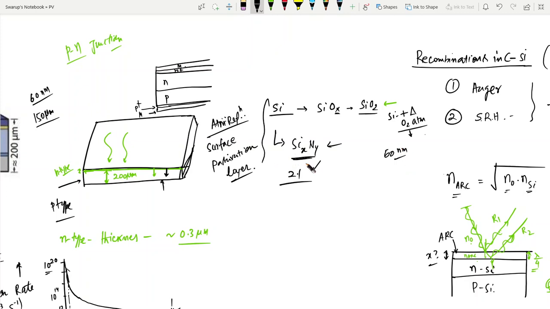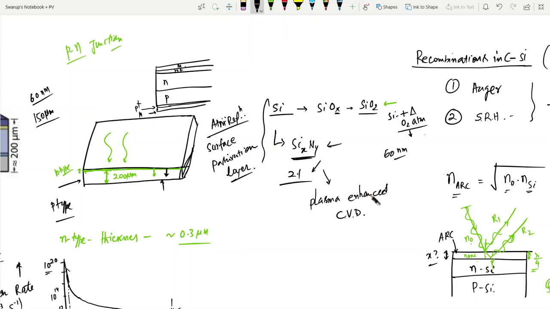And for silicon nitride, it is a little difficult. We use a technique called plasma enhanced CVD. CVD is chemical vapor deposition. These techniques we'll be learning at the end of this course, a few of the thin film deposition techniques.